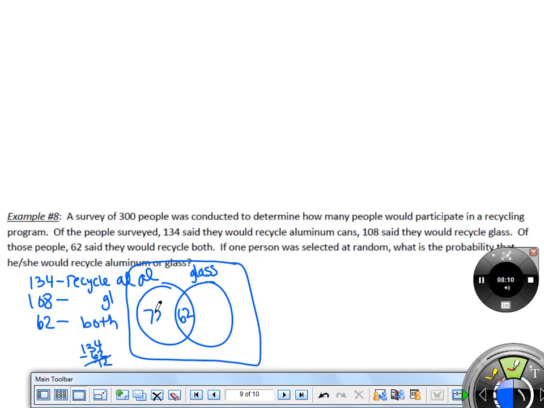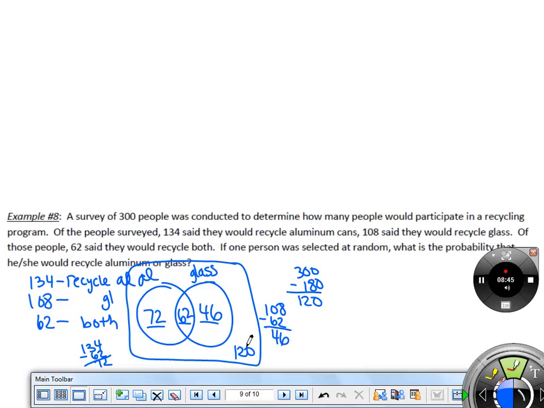So that leaves 72 people that will just do aluminum. 108 people said they would recycle glass, but again, that includes the 62 people. So that's 46 people would just recycle glass. Okay? And if we add up the 72 plus 62 plus 46, we get 180. But 300 people were surveyed, and so that means 120 people aren't recycling anything.